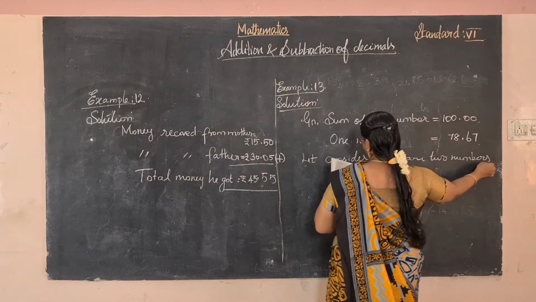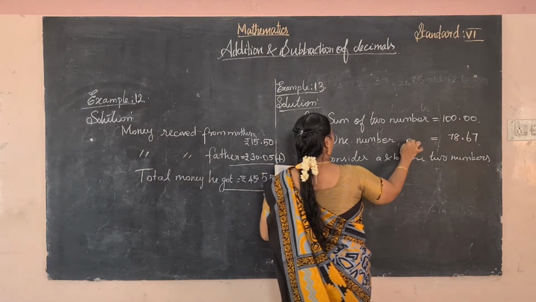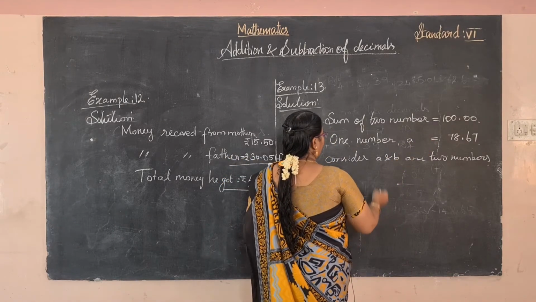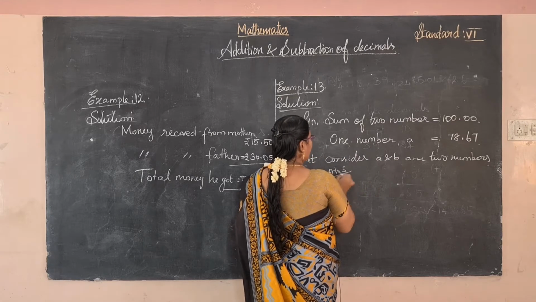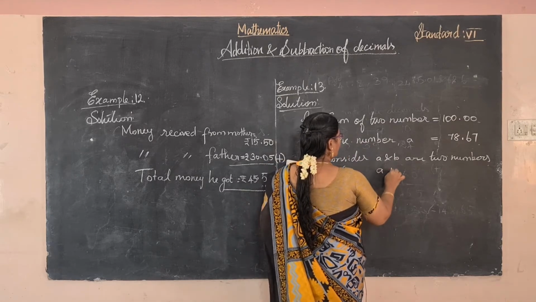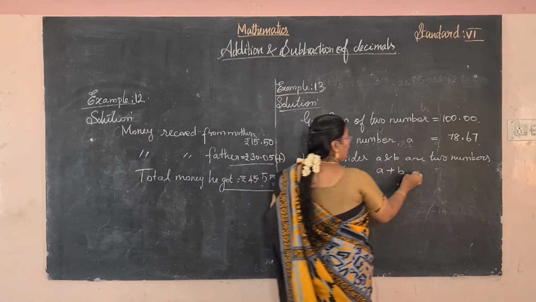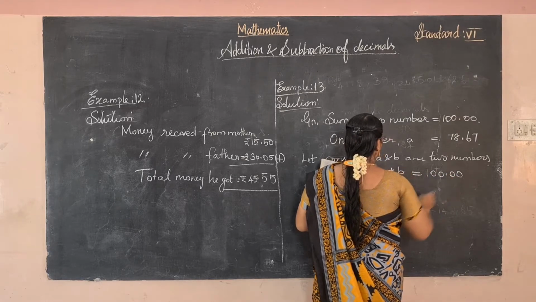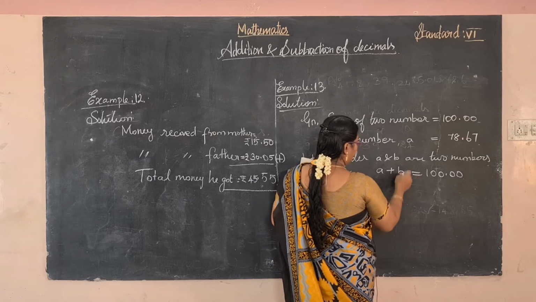Now one number we have considered A, and you have to find out B. So according to the statement, what is the statement? The sum of the numbers means A plus B is equal to 100.00.